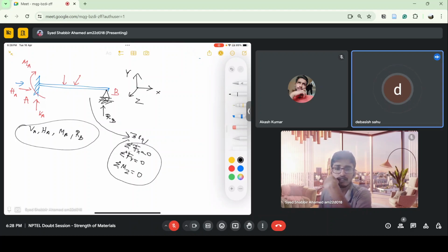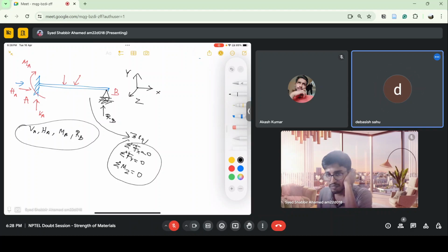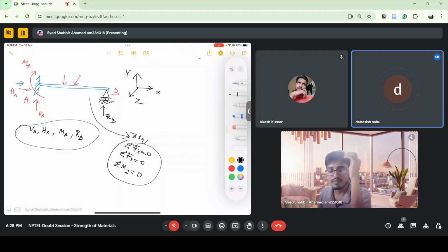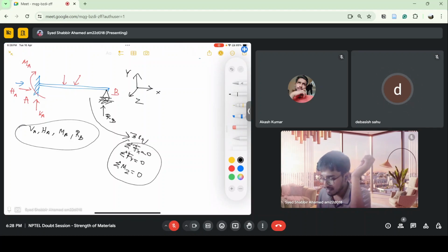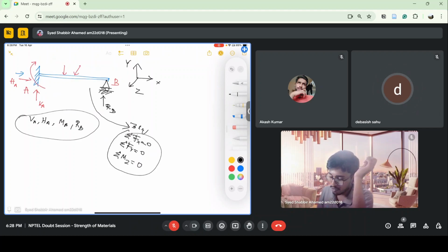That's why, if you remember, we did this problem in deflections. We take another equation called the compatibility equation. The compatibility equation is nothing but that the deflection caused by the load and the deflection caused by this reaction should sum up to 0.